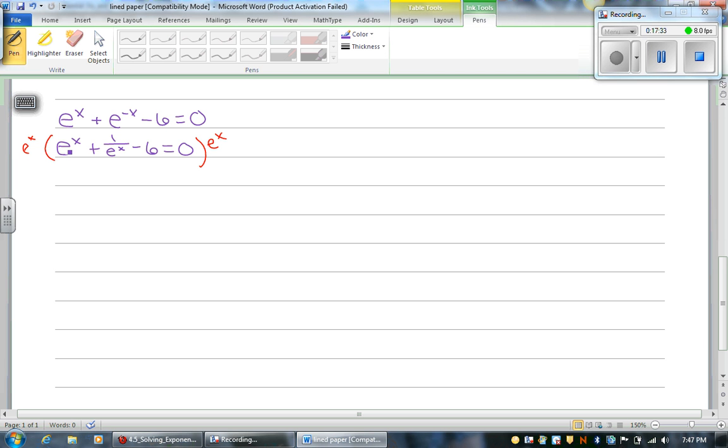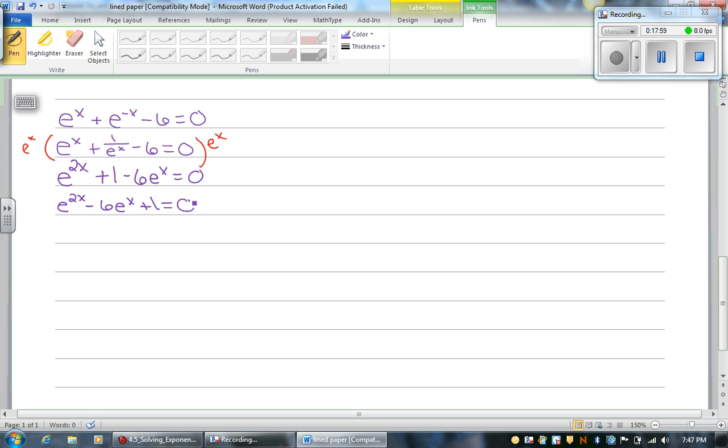E to the x times e to the x is e to the 2x. When I multiply variables, I add their exponents. E to the x times 1 over e to the x is 1. And minus 6e to the x. And 0 times anything is 0. Okay. I don't like the way it's set up, so I'm just going to rewrite it so that it's in a nice descending order.